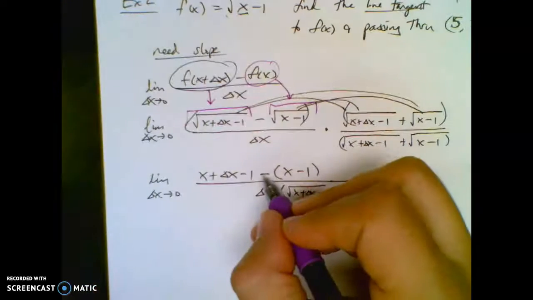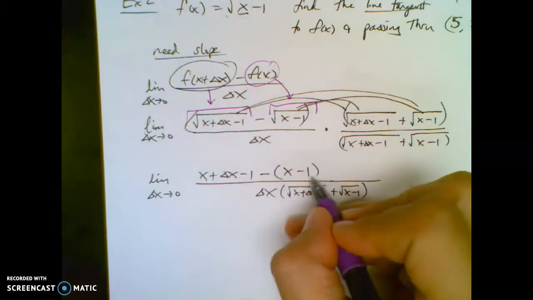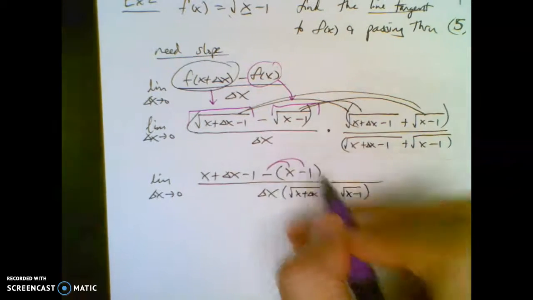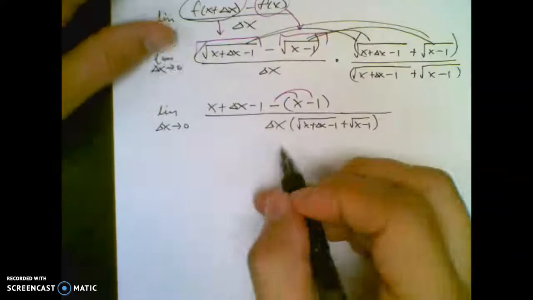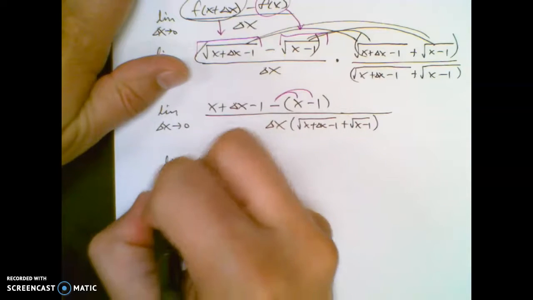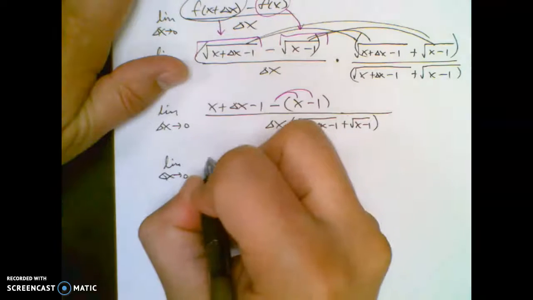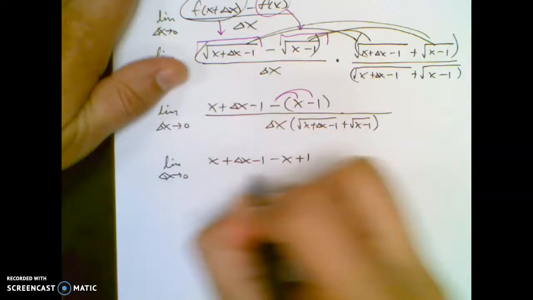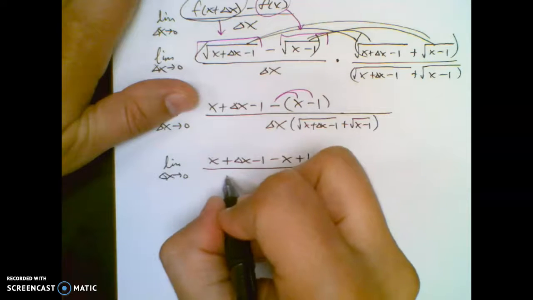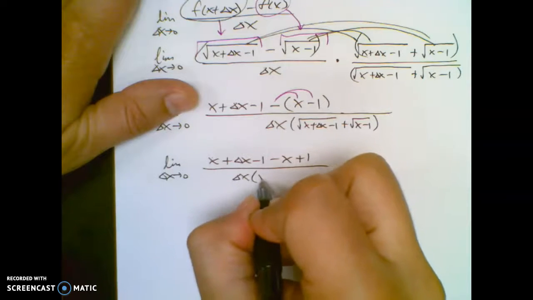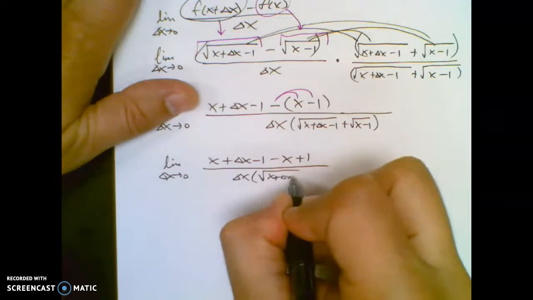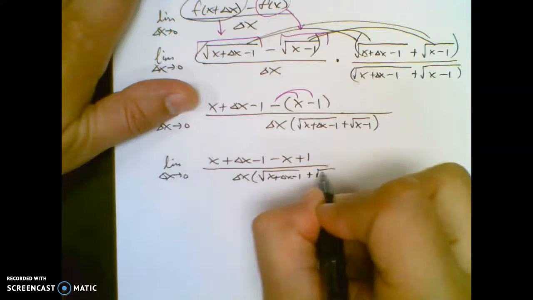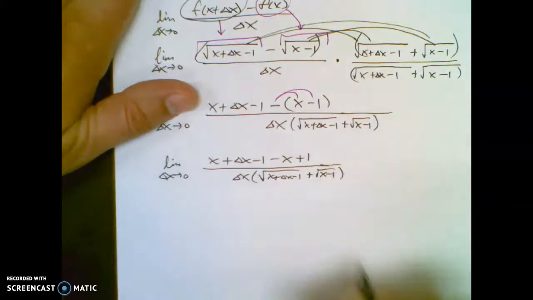Like I said, the only way stuff on top will cancel is if you remember the parentheses, because when you distribute this, the top becomes x plus delta x minus 1 minus x plus 1. All right, whew, okay.